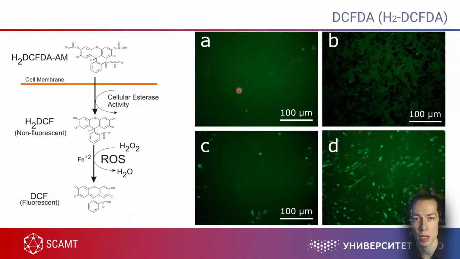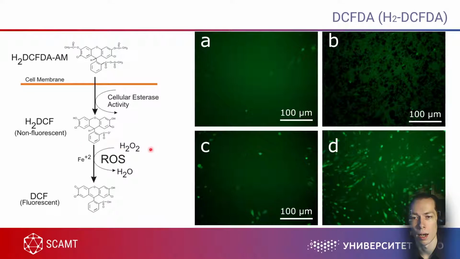So how does this DCFDA work? Very simple. We have some dehydro-DCFDA which enters the cell membrane, and after some cellular esterases cut part of this molecule, it's still non-fluorescent.